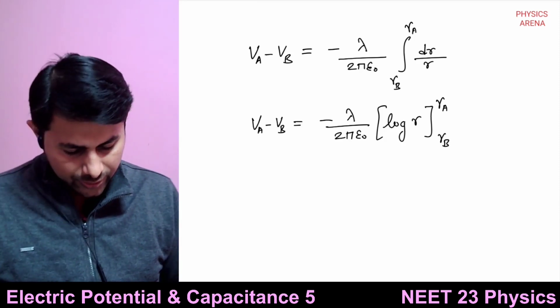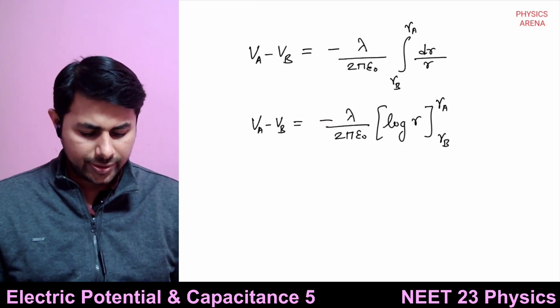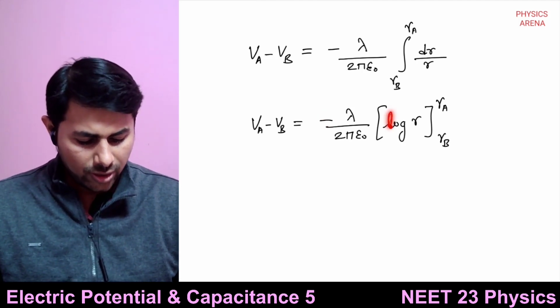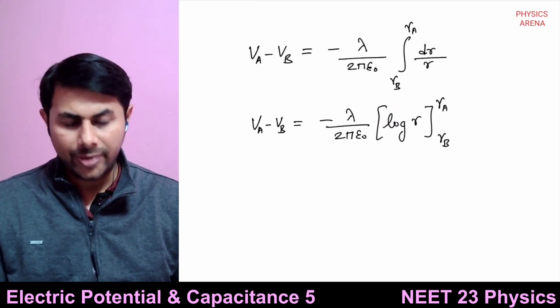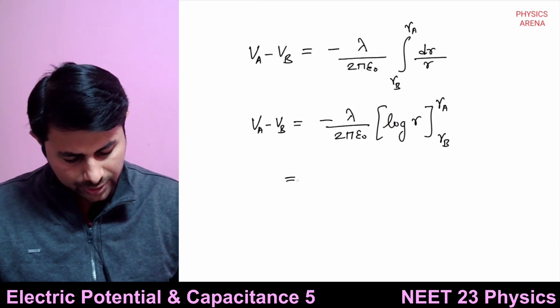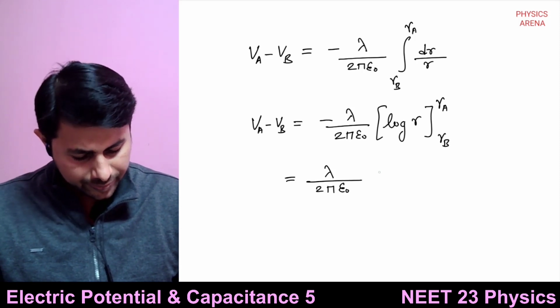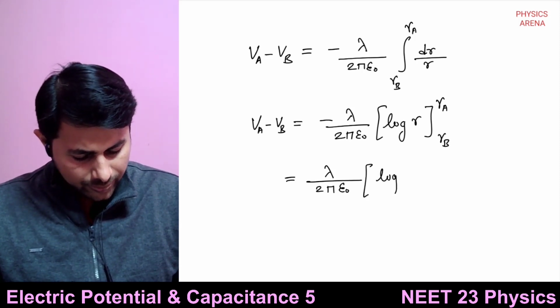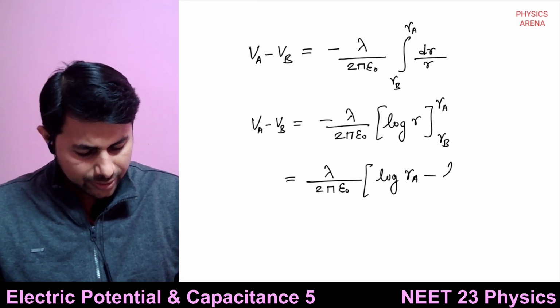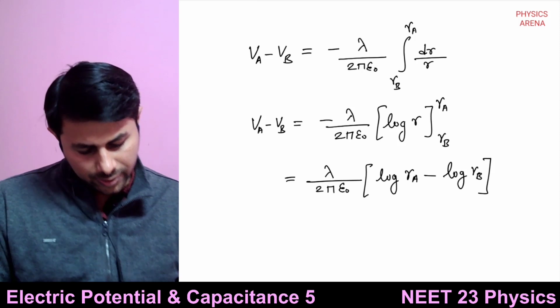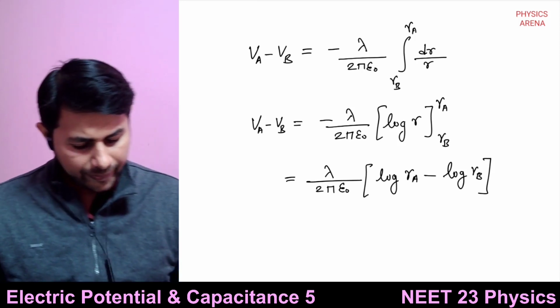Then we can absorb this negative sign inside, or we can say it is log of RA minus log of RB. This is lambda upon 2 pi epsilon naught times log of RA minus log of RB, right?